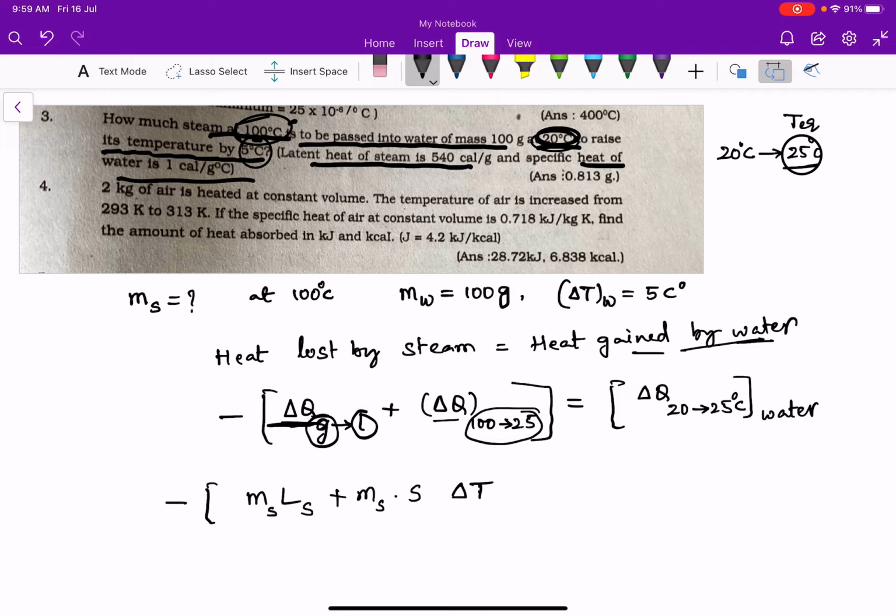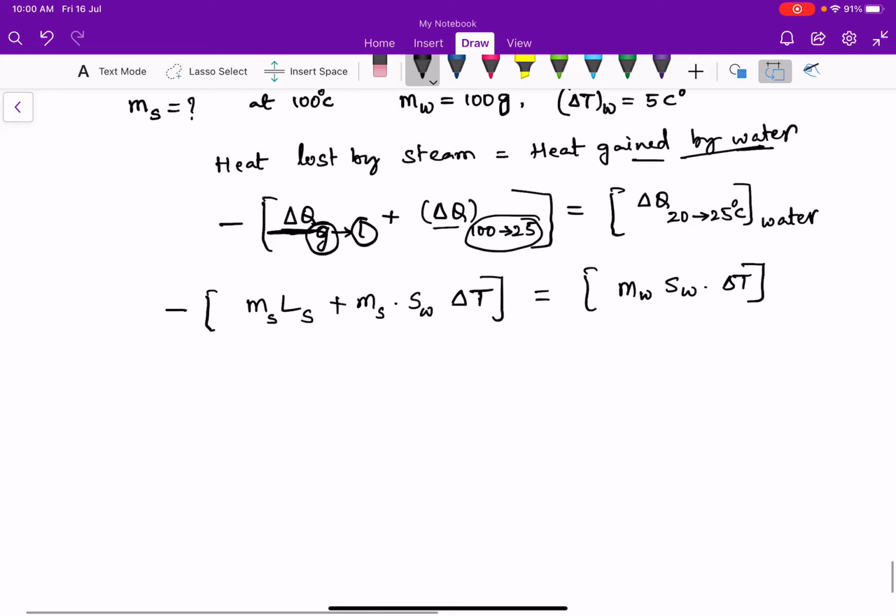Here, mass of the steam into specific heat of water into change in temperature is equal to mass of the initial water and specific heat of water into change in temperature. So minus, we don't know the mass of the steam here. I'm taking the mass of the steam as constant.